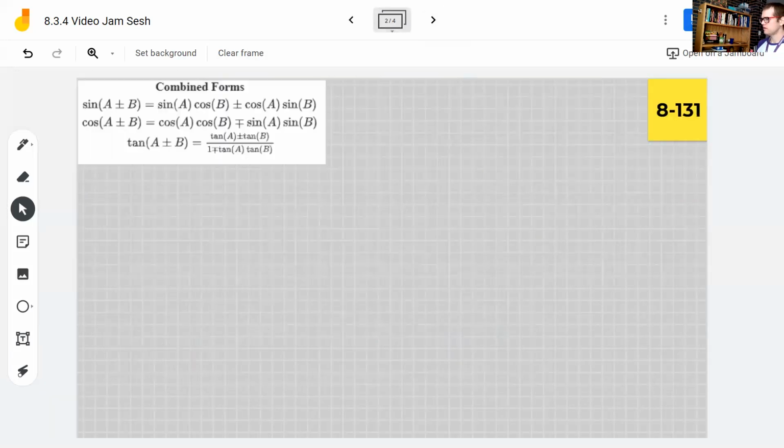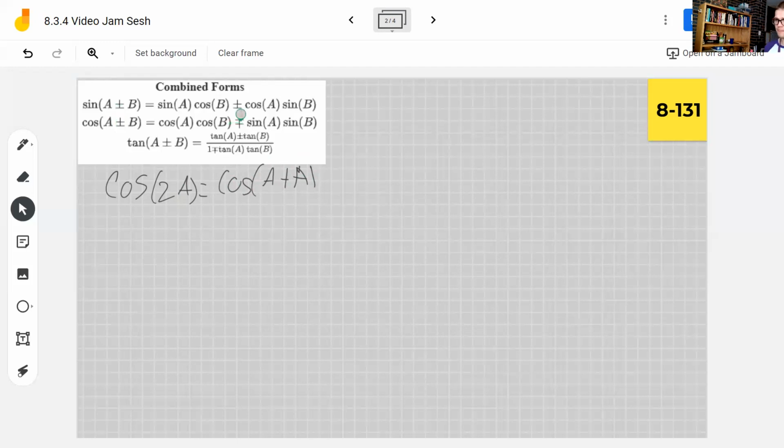So let's move on. Now we're going to create the double angle identity for cosine using the same thing. All right. Well, cosine of 2A again can be written as cosine of A plus A. So we're going to use the cosine sum part. Remember, it's plus here, so we're going to use minus over there. So let's apply that.